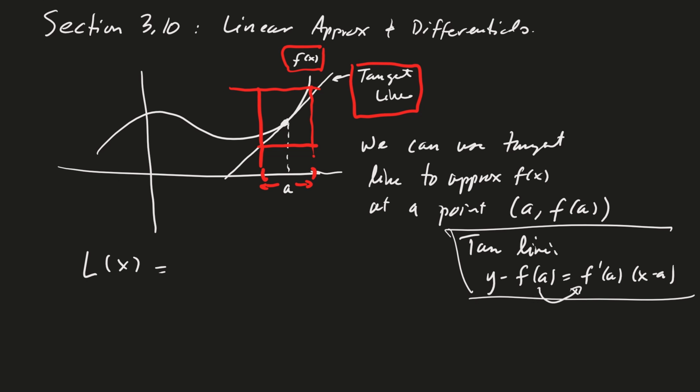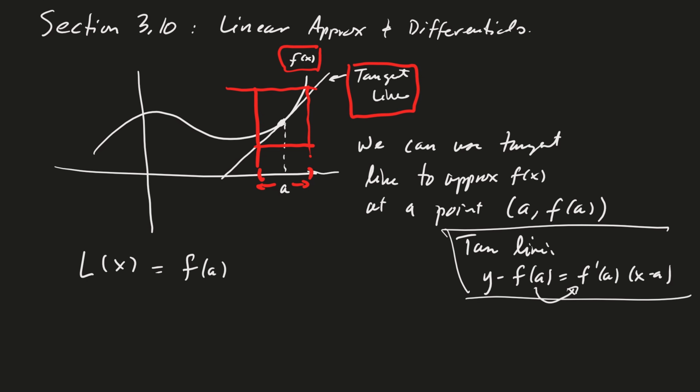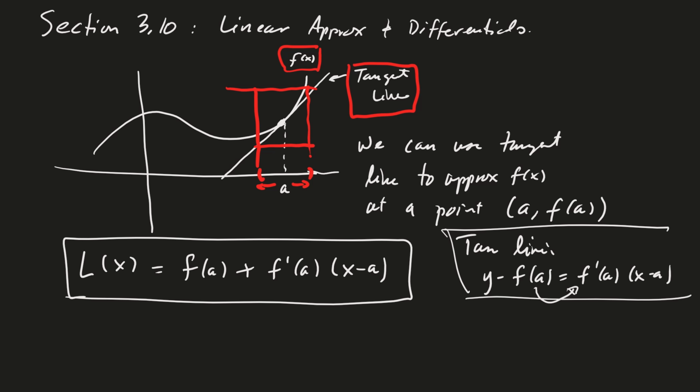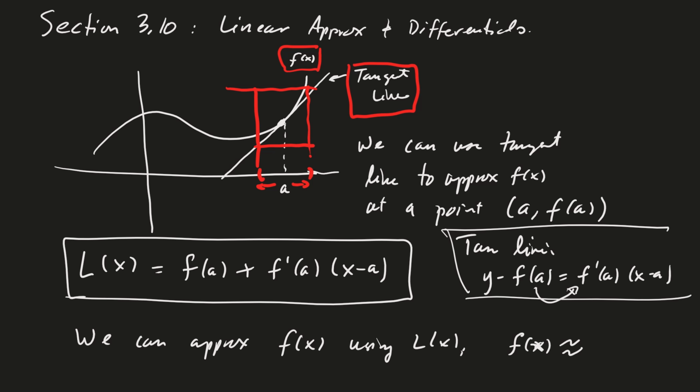So over here I'm going to have f of a plus f prime of a times x minus a. Okay, and so this is the tangent line approximation. And so what we're saying is we can approximate f of x using L of x, or you could say f of x is approximately equal to L of x near x equals a.